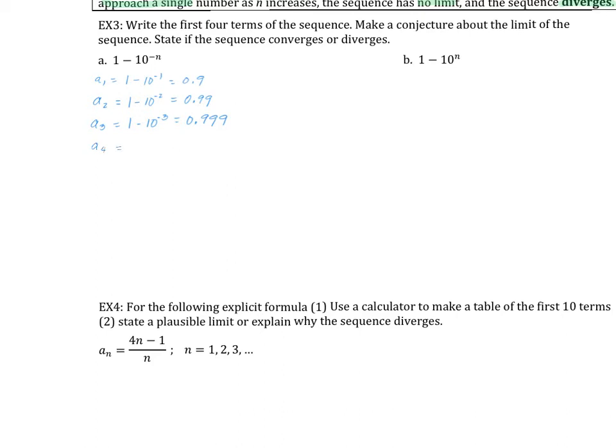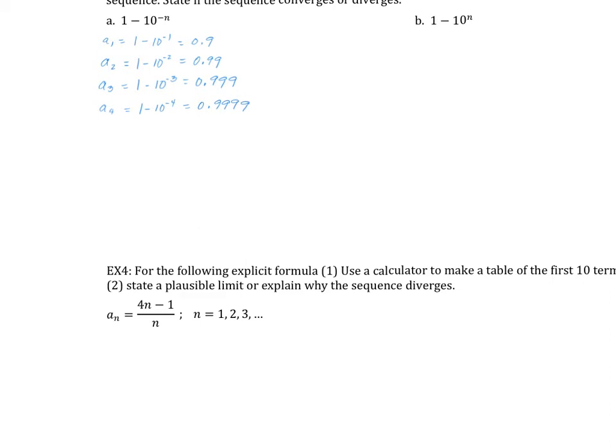A sub 4, 1 minus 10 to the negative 4, 0.9999. So it appears that as my n's are getting larger and larger, the terms of my sequence are approaching 1. Okay? But this is just a guess.